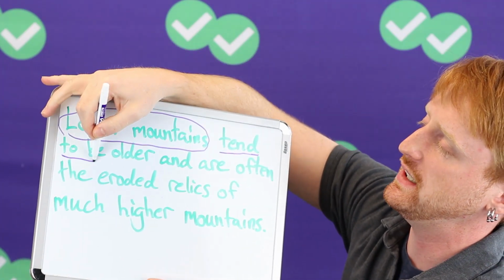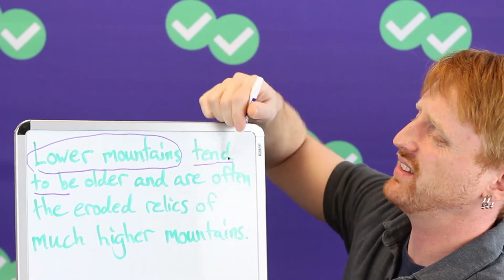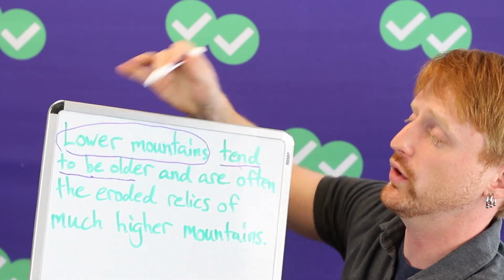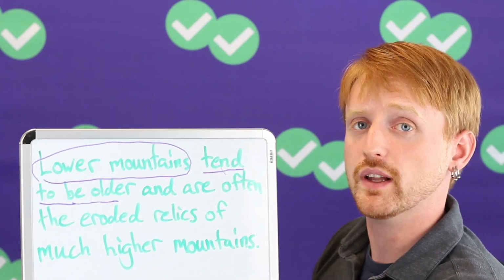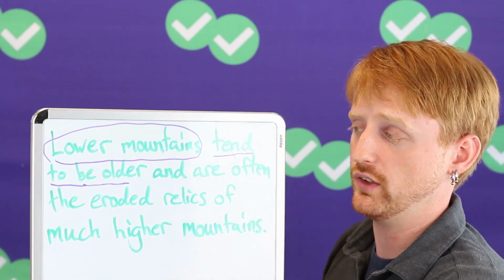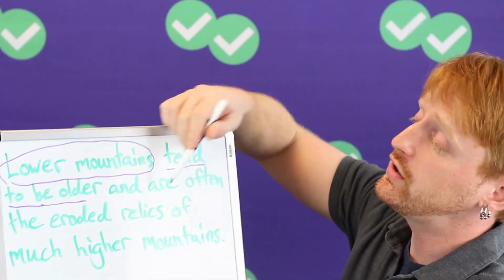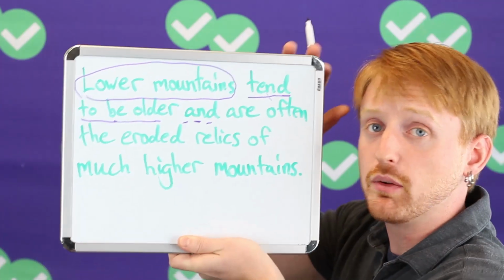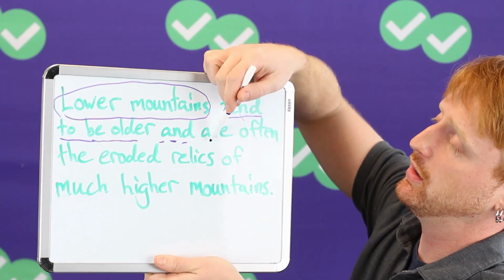Tend to be, and that doesn't really give much information. I'll extend it further. Tend to be older. That gives us the real information, that whole phrase. And notice this word, and. What does that do? That makes more verb.